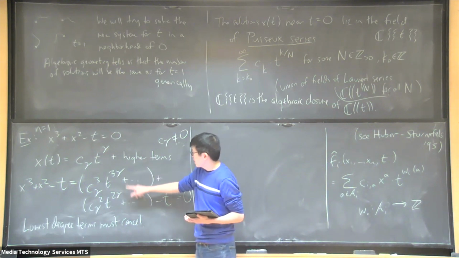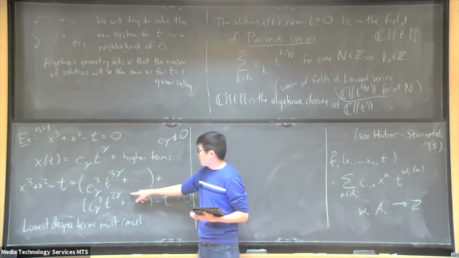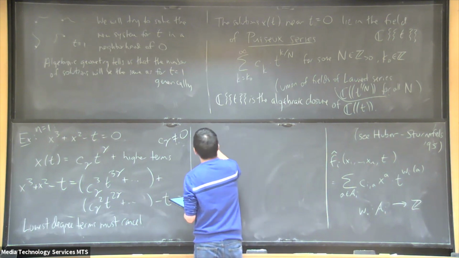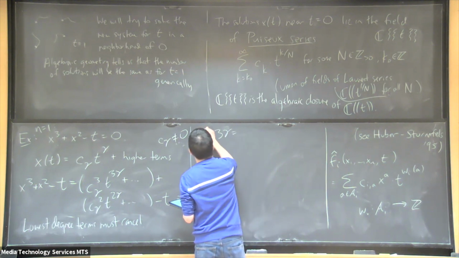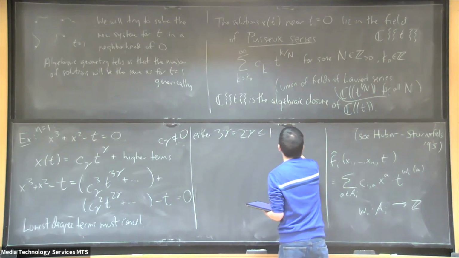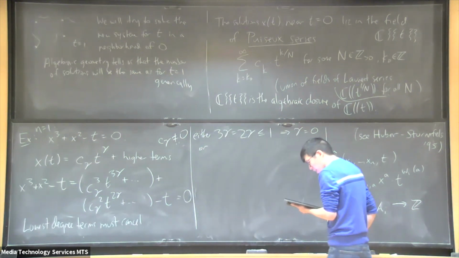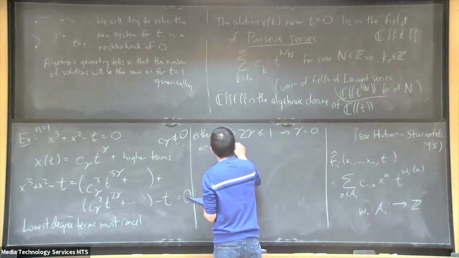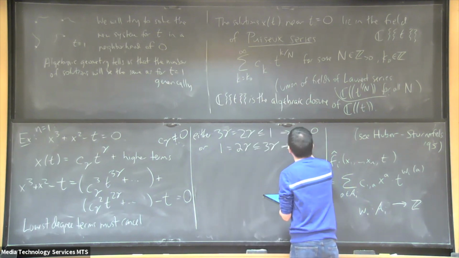Maybe 3 gamma is equal to 2 gamma, and those are both less than or equal to 1. That will happen when gamma is 0. Or another thing that can happen is that 1 is equal to 2 gamma, which is less than or equal to 3 gamma, and this is equivalent to gamma equaling 1/2.